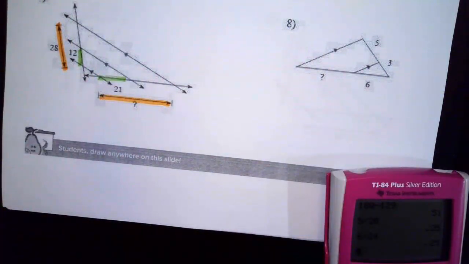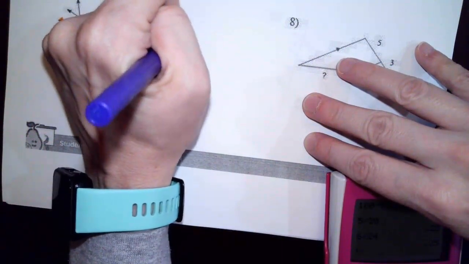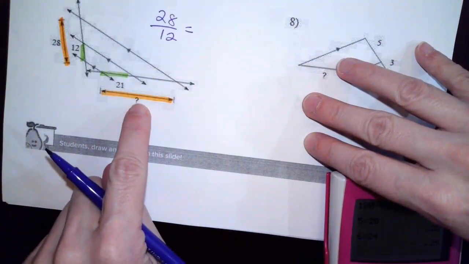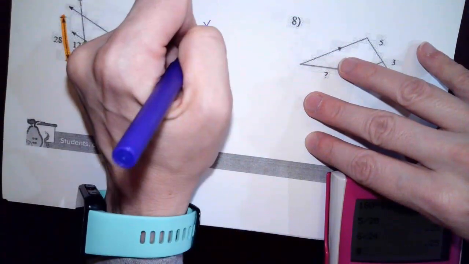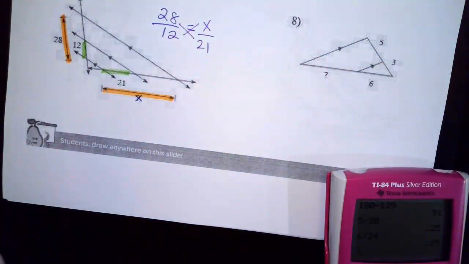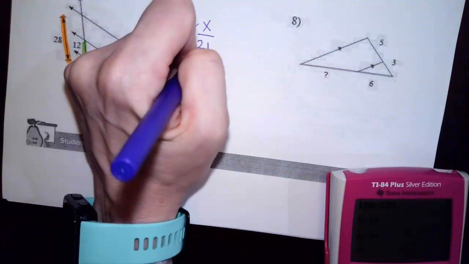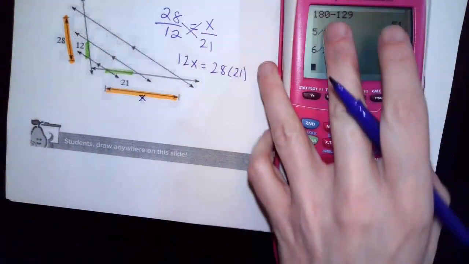So on this one, I would say whole thing over 12 equals, I'm just going to make that x, whole thing over 21, and then cross multiply. So this is 12x equals 28 times 21.